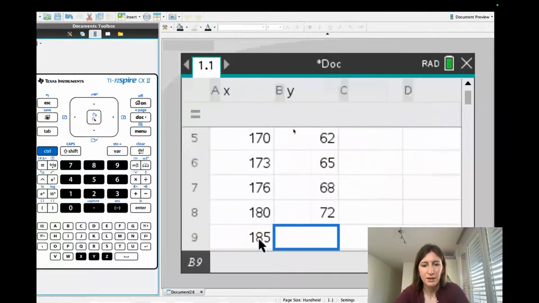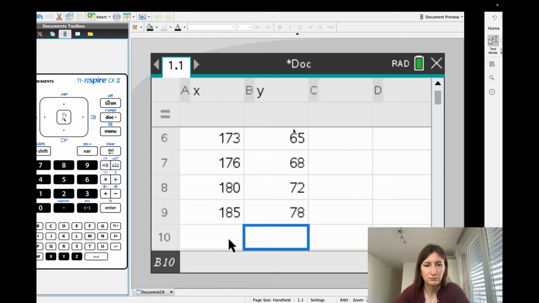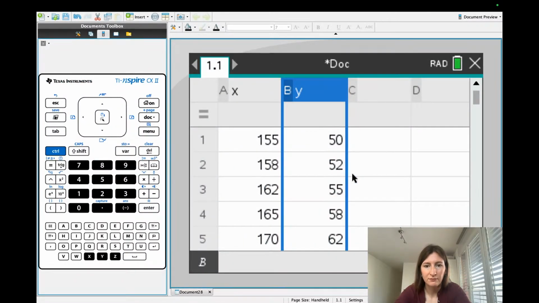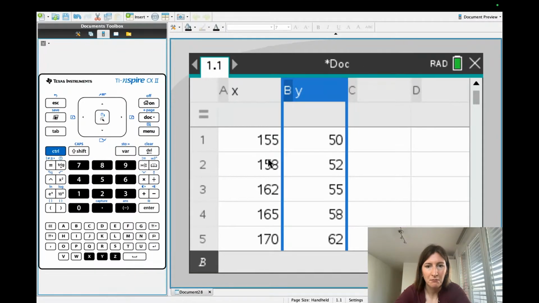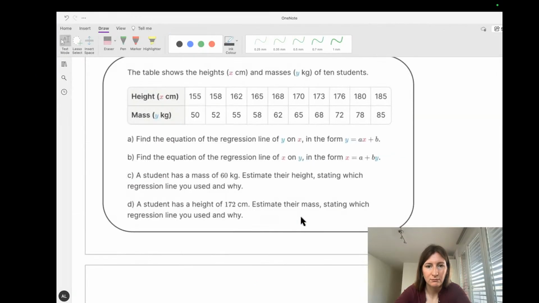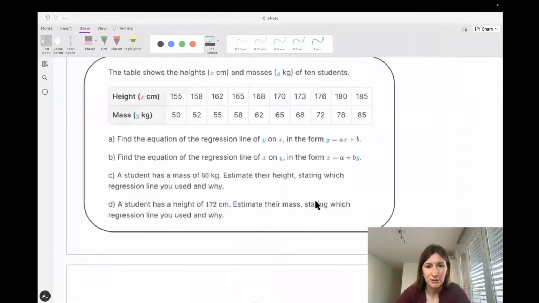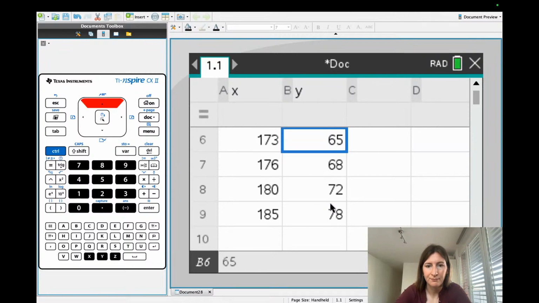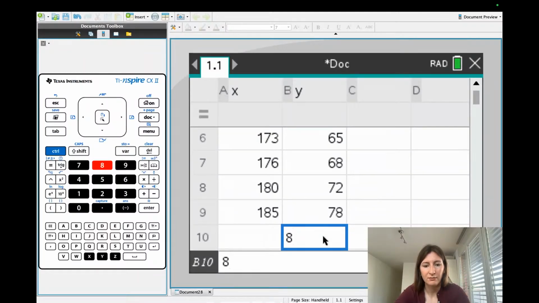$72, $78. Oh, that's already one key that you have gotten it wrong. 50, 52, 55, 58. 62. 65, 68, 72, 78. 85.